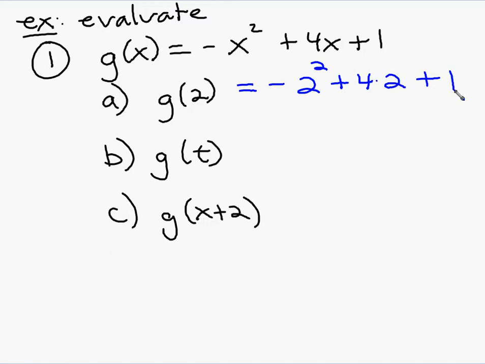That doesn't mean negative 2, the quantity squared. Technically, it means negative 1 times the 2 squared. A lot of people mess that up. So 2 squared is 4, so negative 1 times 4 is negative 4 plus 8 plus 1. So that's going to be 4 plus 1, it's 9. G of 2 is 9. There's our first answer.